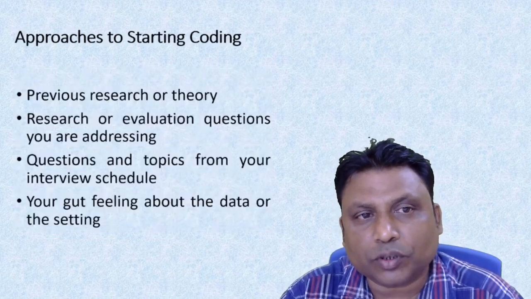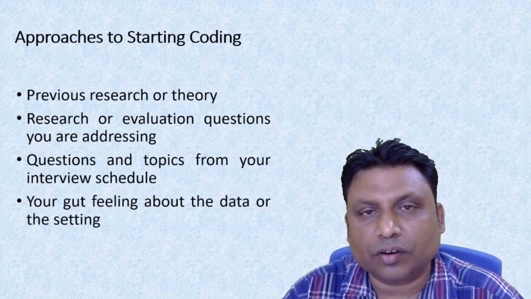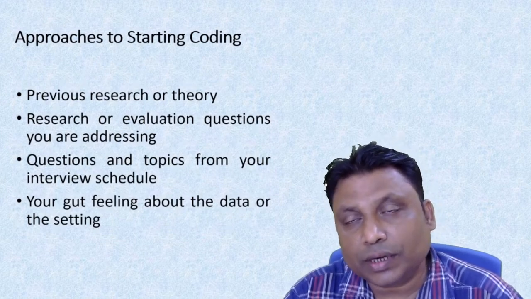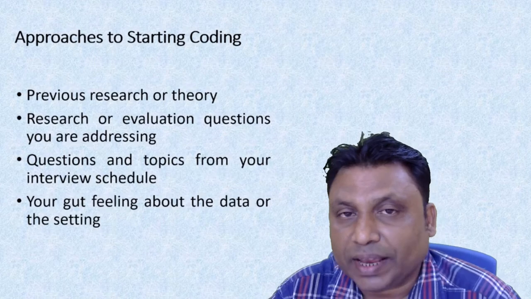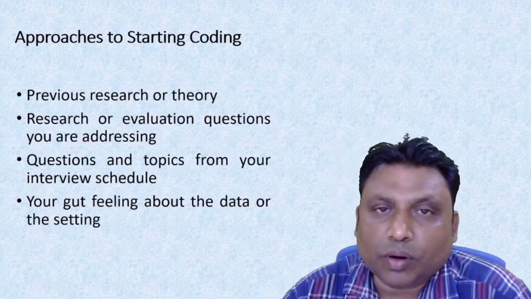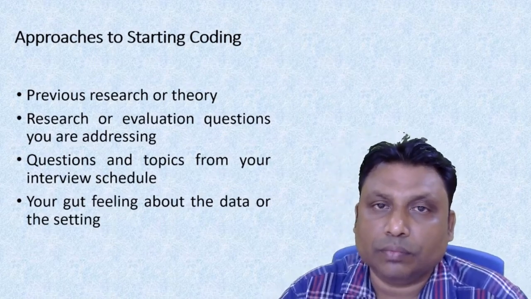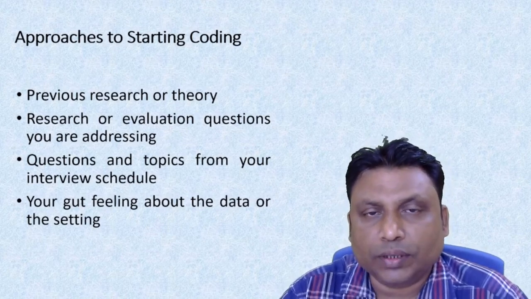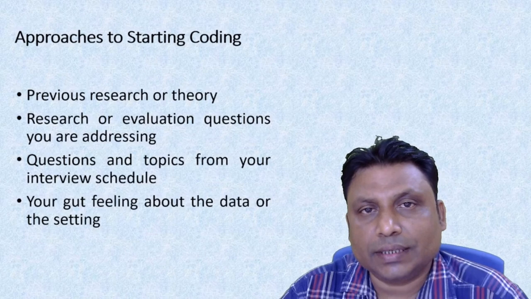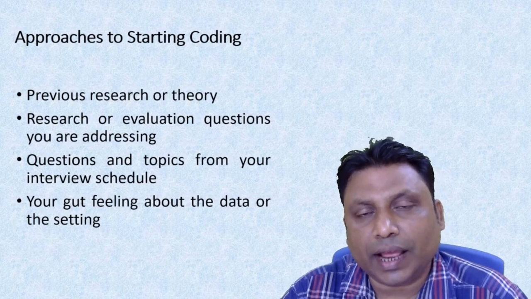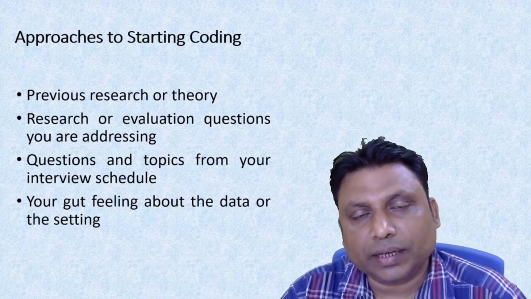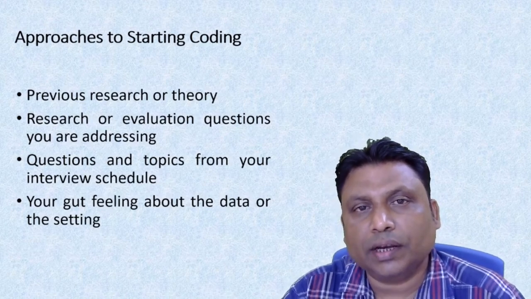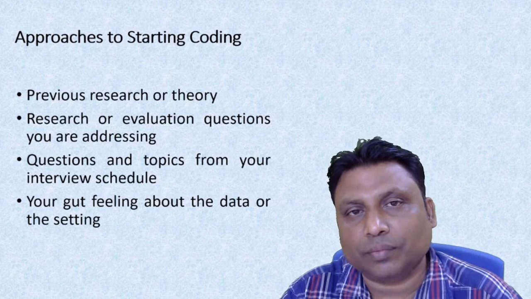And what are the approaches for starting coding? Previous research or theory. When you are doing any research work, at that time you have to find out your literature review, because first you have to find out whether your research work is logically accepted or not, hypothetically true or not. When you are doing your research work, we always take the null hypothesis, supposing that this is accepted.